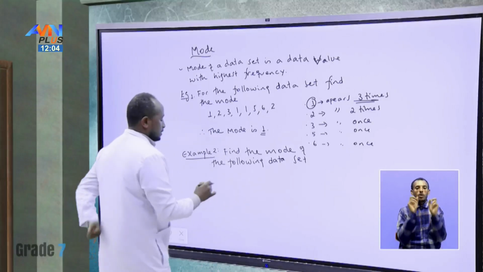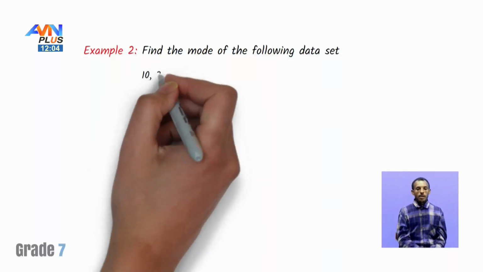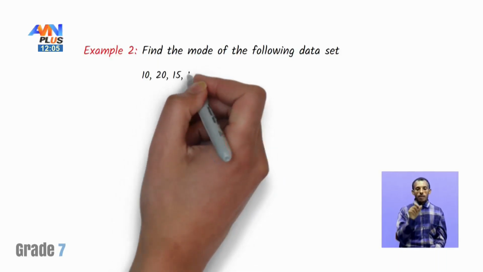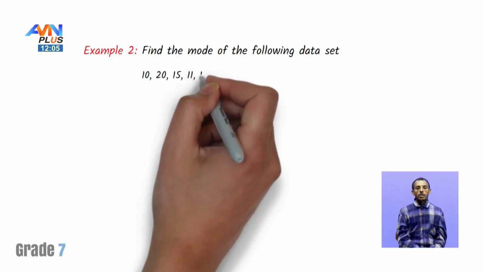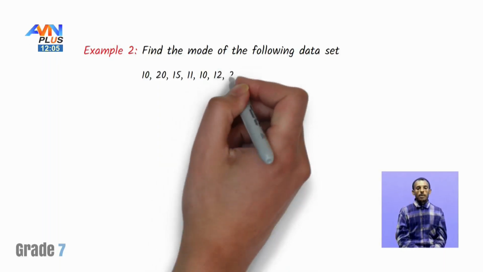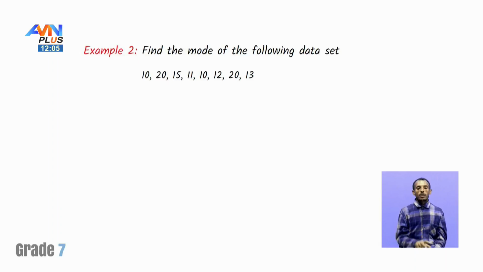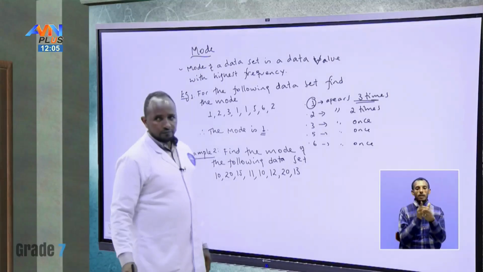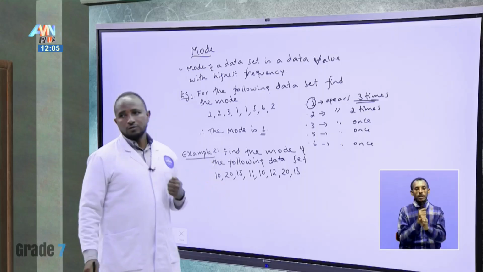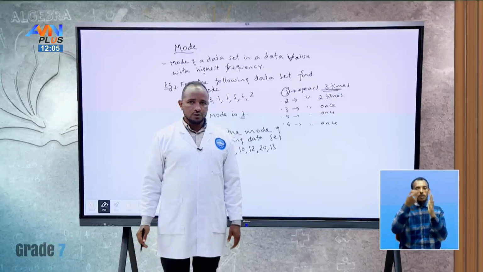Okay, here you have 10, 20, 15, 11, 10, 12, 20, 13. This data set is given. Please try to find the mode of this data set. I'll give you 30 seconds for this question.